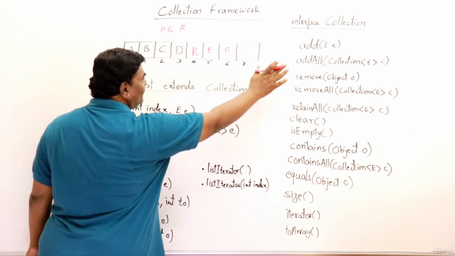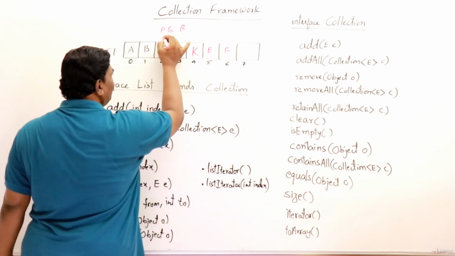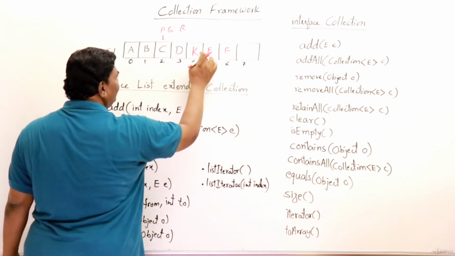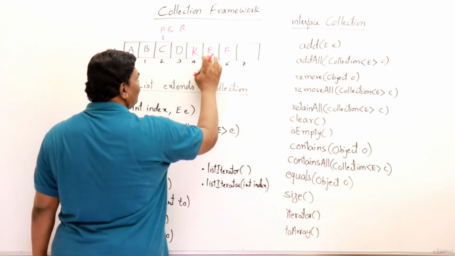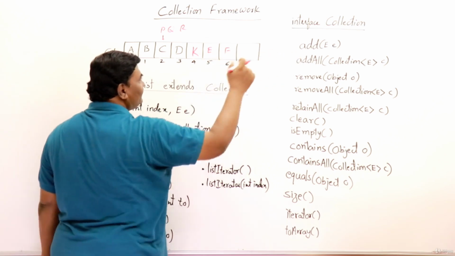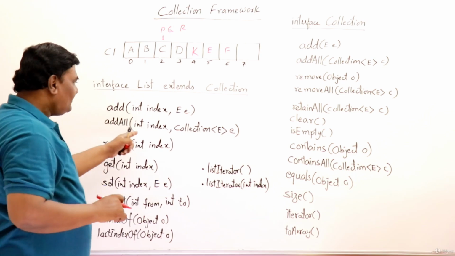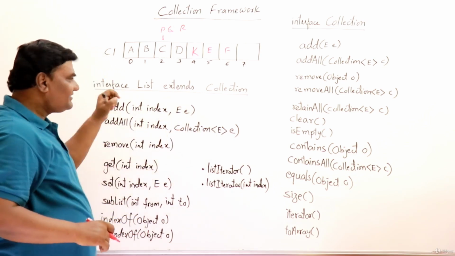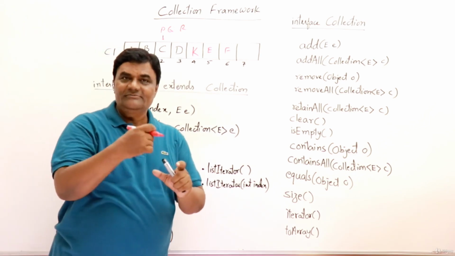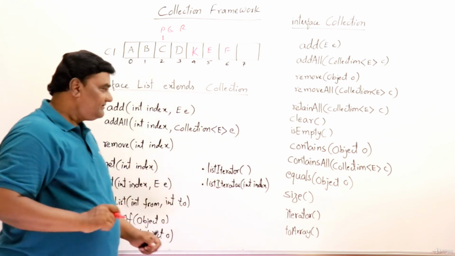Don't worry about the space, I am just showing you diagrammatically. These 3 will be inserted here, so C and D will start coming from this point onwards. It will make space by shifting the elements and insert the elements. So you can insert the elements from some point by mentioning the index.